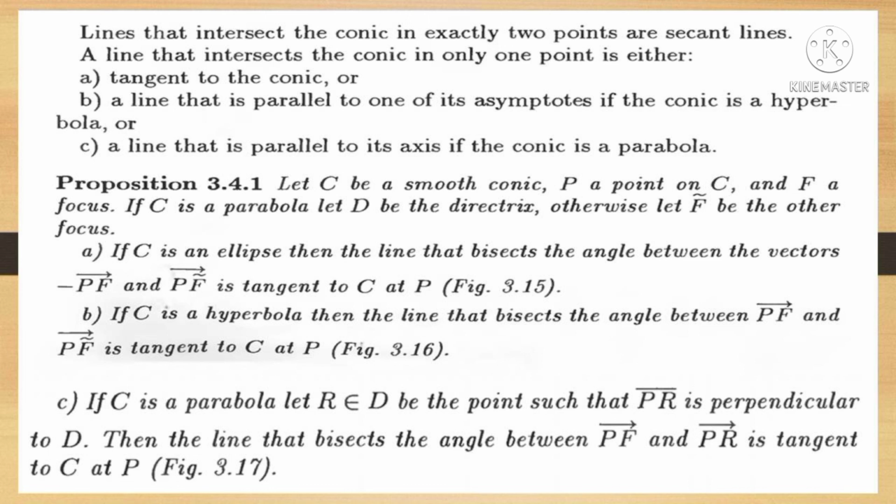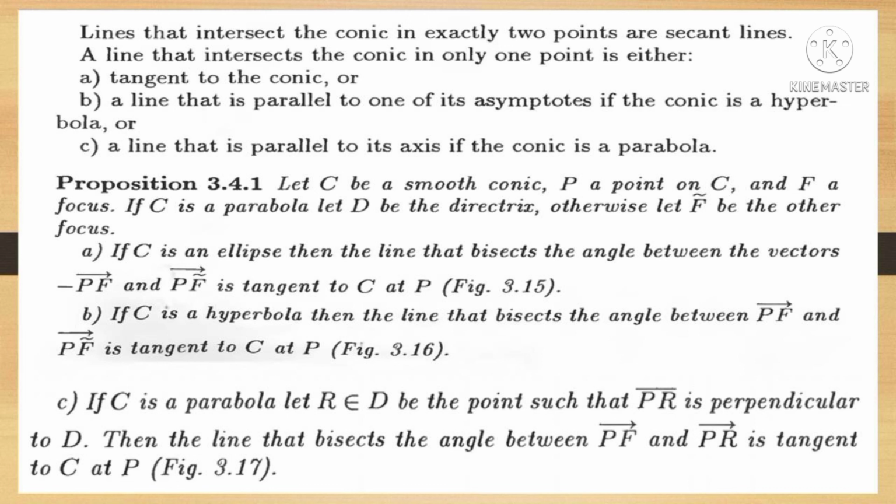A. If C is an ellipse, then the line that bisects the angle between the vectors negative PF and PF tilde is tangent to C at P, figure 3.15. B. If C is a hyperbola, then the line that bisects the angle between vector PF and vector PF tilde is tangent to C at P, figure 3.16.